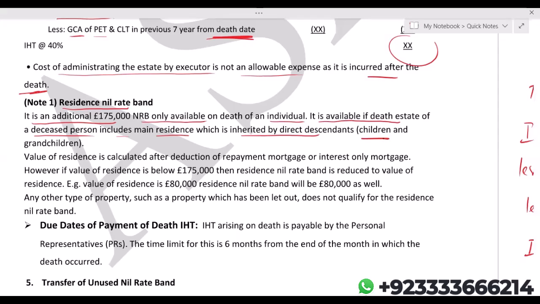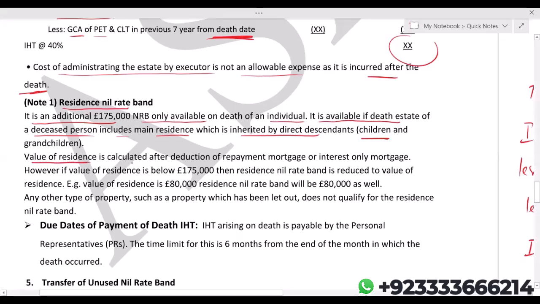Because once there was a multiple choice question where, let's say, the deceased person has left the main residence for his cousin, and the students were asking, sir, why is the residence nil rate band not available? Because it is not available. Why? Cousins are not direct descendants. Who comes in direct descendants? Children and the grandchildren.